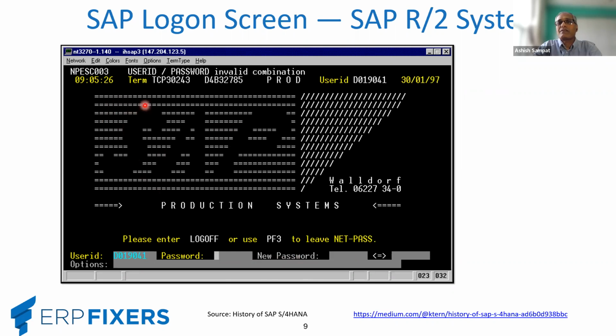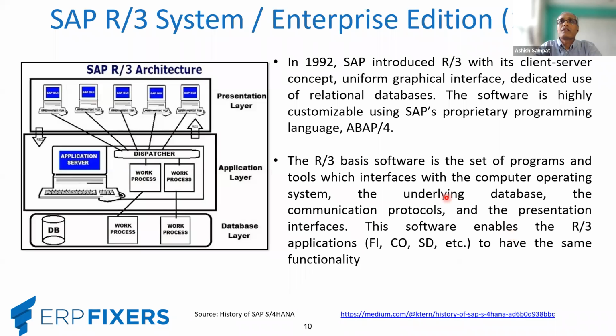Today, of course, when we look at the GUI, it would be top left. And when you're using Portal or Fiori or another setup for logging into the system, you have a totally different look and feel. So this is just one feature that this article captured. And I really like this picture right here. Okay. The R3 Enterprise Edition.